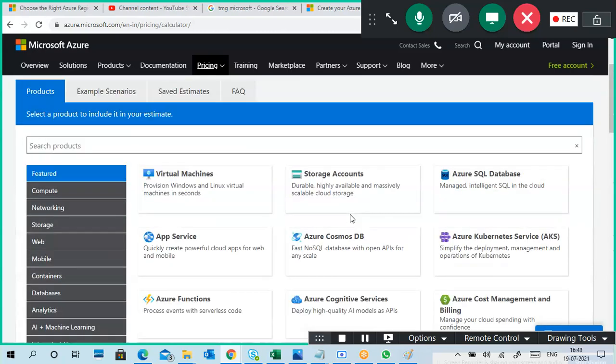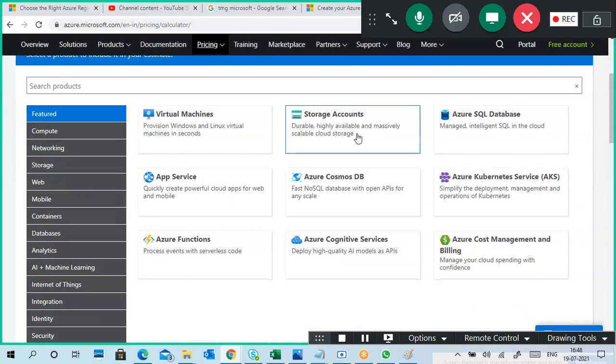For example, I want to create a database. I don't need to worry about how much space it will occupy or how much processing power is required. I just create an instance and start creating tables and all. But finally, as per how much you are utilizing, you have to pay for it. Like that, there are Kubernetes services, a lot of services.